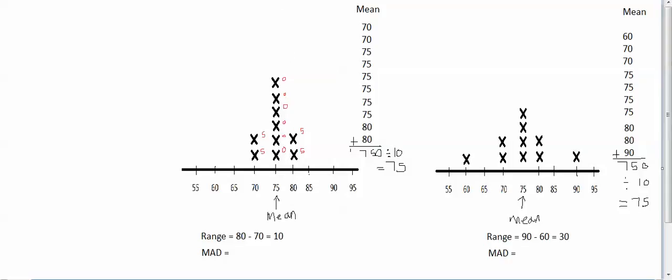To get the MAD, all we have to do is get the mean, or the average, of those 10 distances. So let's do that.